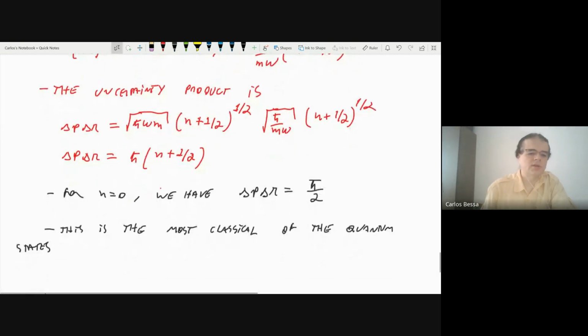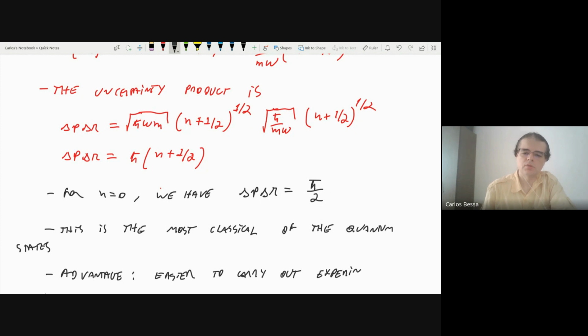The advantage is that it's easier to carry out experimentally. Okay. We had just mentioned this in the last lecture, and now we see it.